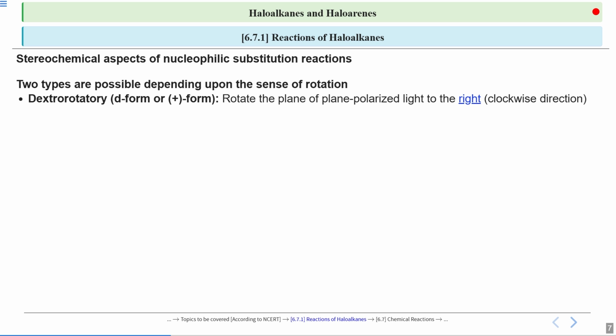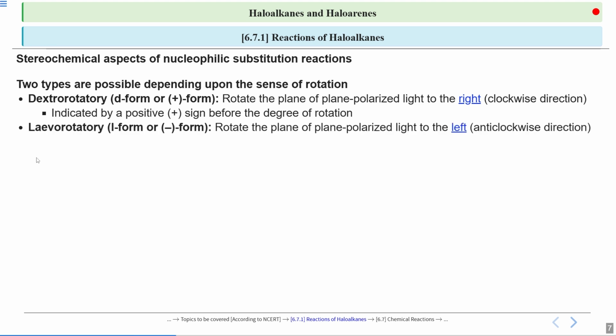So in the clockwise direction, that means the right direction, if the compound is rotating the plane of plane polarized light, that compound is called dextrorotatory. In short form you call it the D form, or you can also put a positive sign before the degree of rotation.